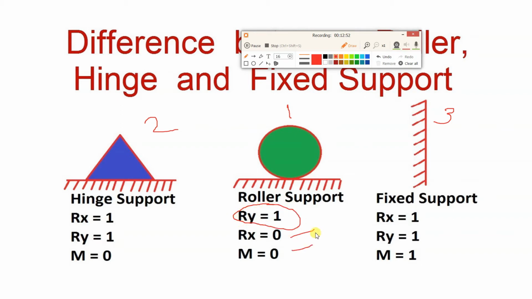We don't have reaction in X direction and we don't have moment as a reaction. Then if you consider hinge support, we have reaction in X direction and Y direction. We don't have moment as reaction. And if you consider fixed support, we have how many reactions? Three reactions. One in X direction, one in Y direction, and one moment.